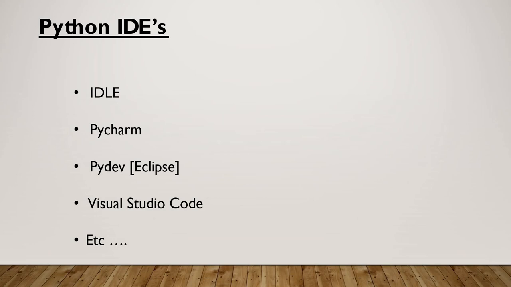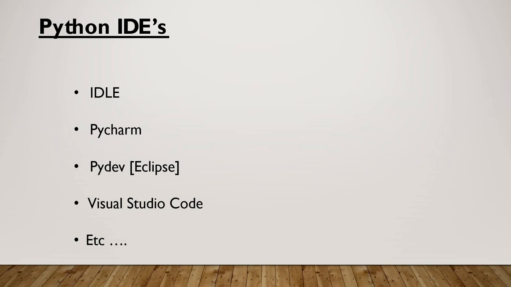First one is IDLE. This is the IDE of Python itself; they provide one IDE themselves. Next one is PyCharm. This comes from JetBrains, of the IntelliJ series, which is quite famous for Java development and other web development.